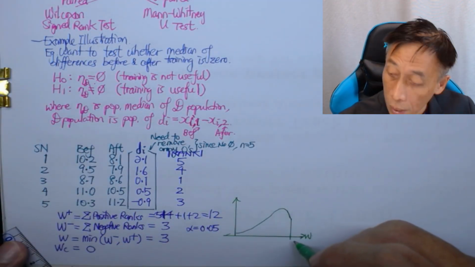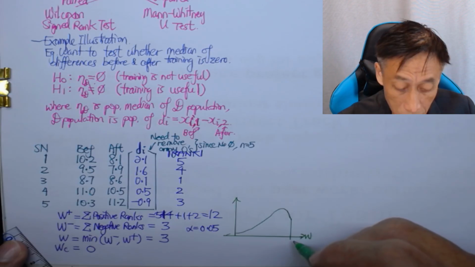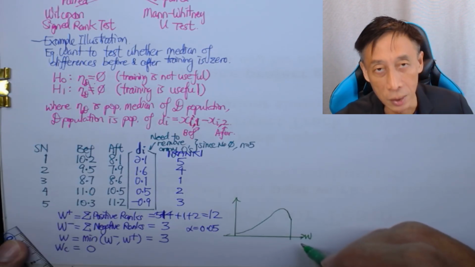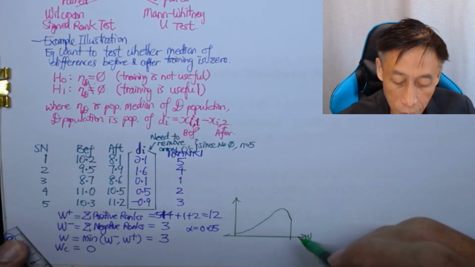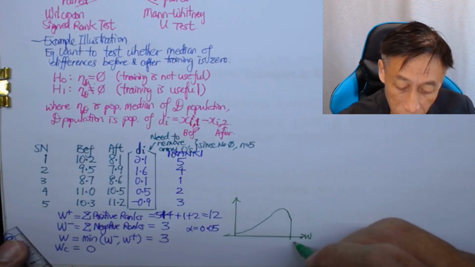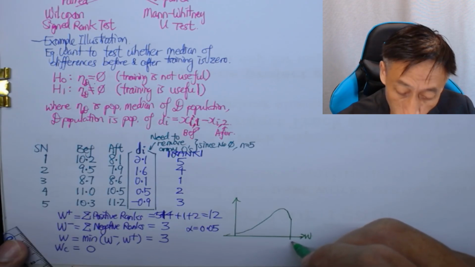Except this number could be large, bigger than 3 but smaller than 27, so I will just put something like maybe 20.